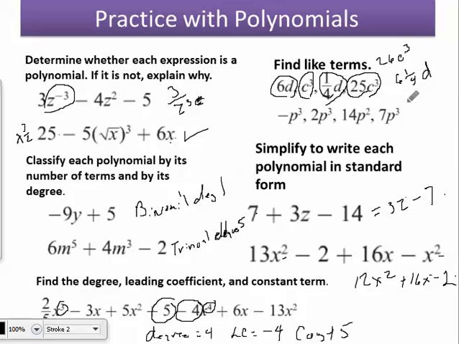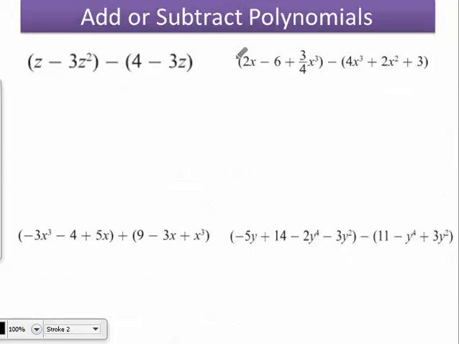I see a p to the third 7, and a p to the third 2, and a p to the third minus 1. That's going to give me an 8 p to the third. But I don't see anything with that p squared, so that'd be a 14p squared. Do you see how I circled them so I didn't have to count them again? That's the way you find like terms.